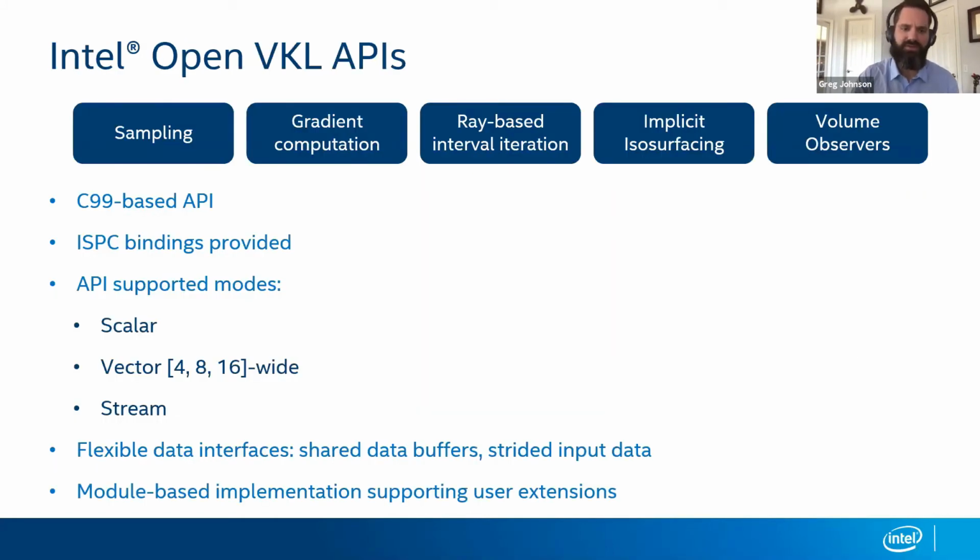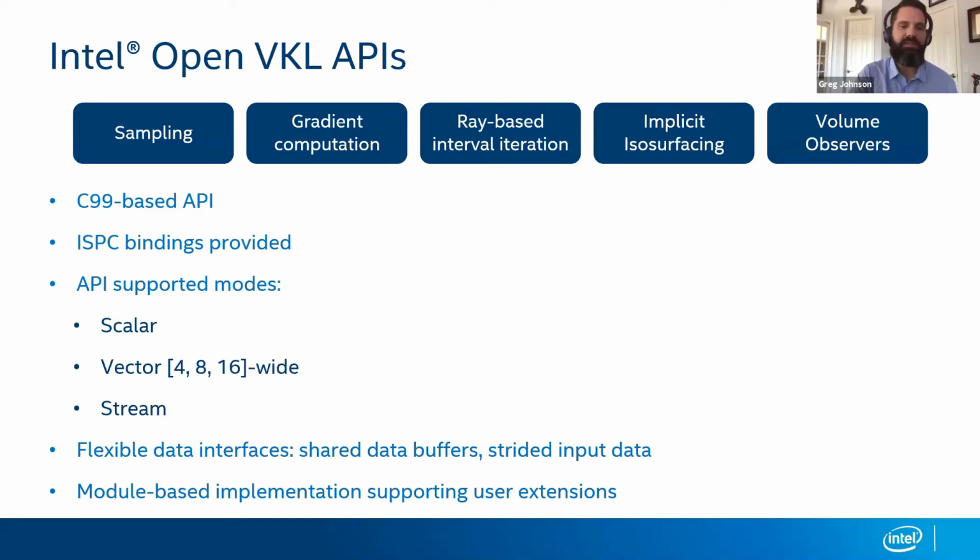OpenVKL supports many of these rendering-based APIs shown at the top. The API overall is a C99-based API, which is very similar to the other RenderKit components. We do provide ISPC bindings, so if you're writing code in ISPC and using those uniform and varying constructs, you're able to also call directly into VKL. We do have multiple supported API modes for most of the APIs shown.